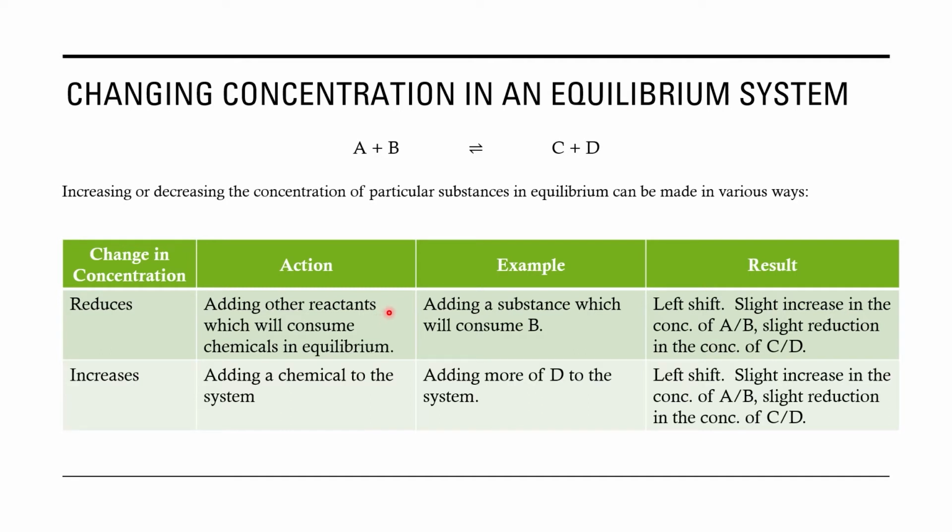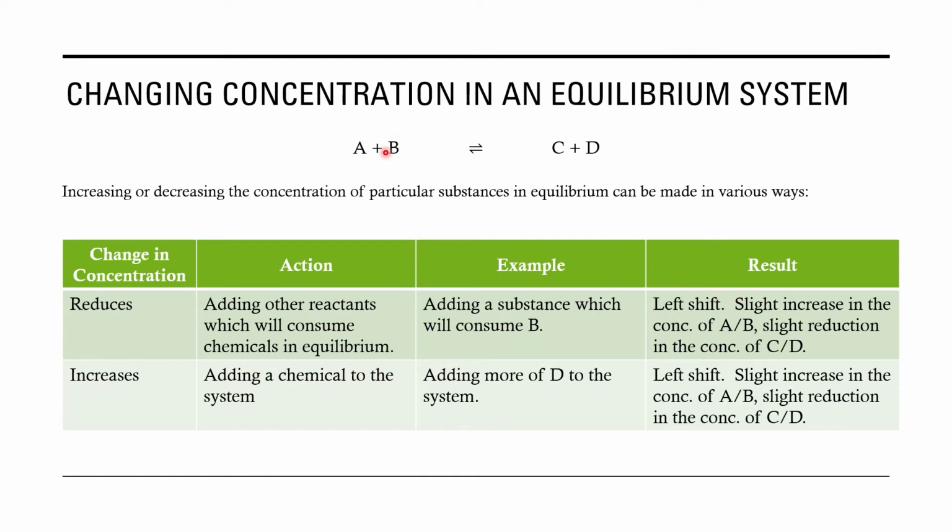And the whole idea of adding that reactant would be to consume one of the substances that is in the system. So for example, you could add a substance which will only react with B, and that will mean that it's consumed. And what we would expect to see is a left shift as a result.